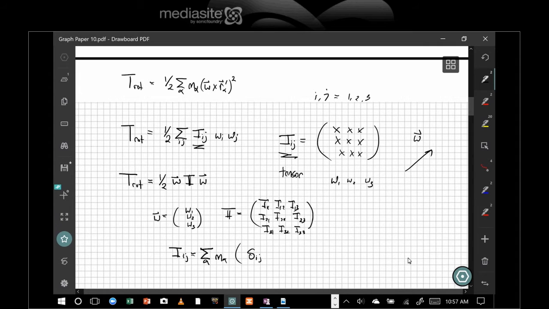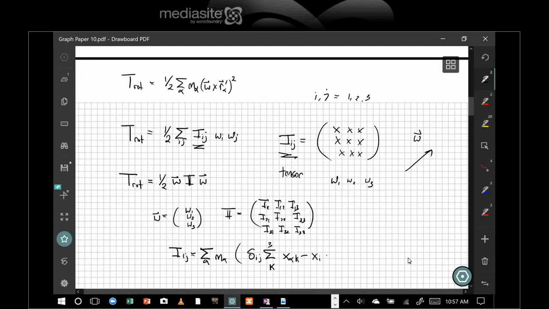That is called a Kronecker delta function, sum over k of x alpha k. So that is the x component, y component, z component of k. We sum over 3 here, minus xi xj.